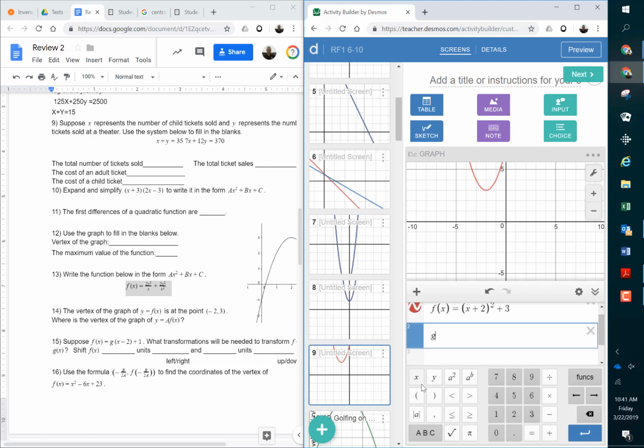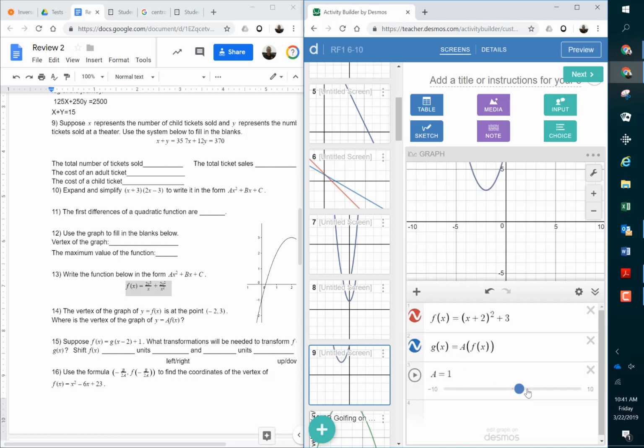So g of x equals a times f of x. Okay, so let's see what happens. If a is 1, of course they're going to overlap.